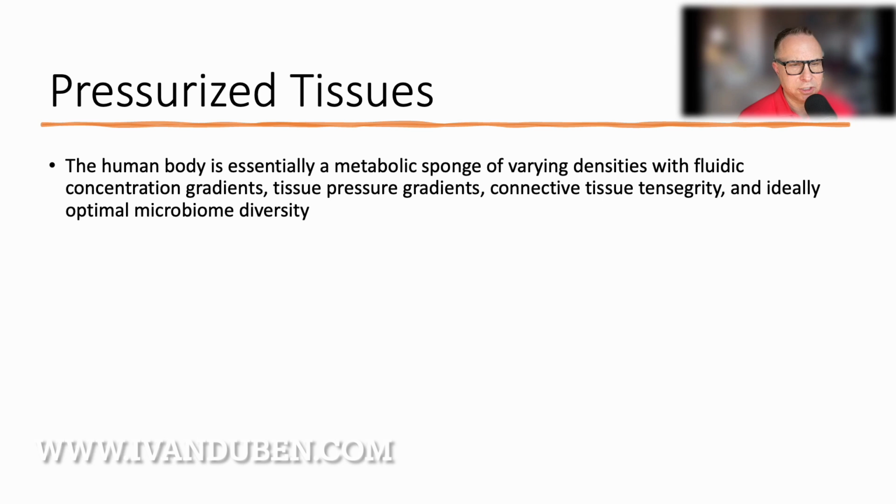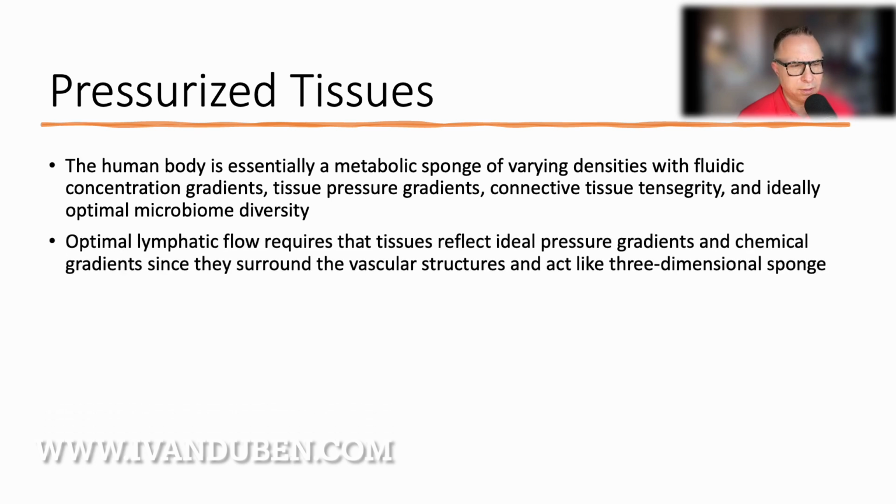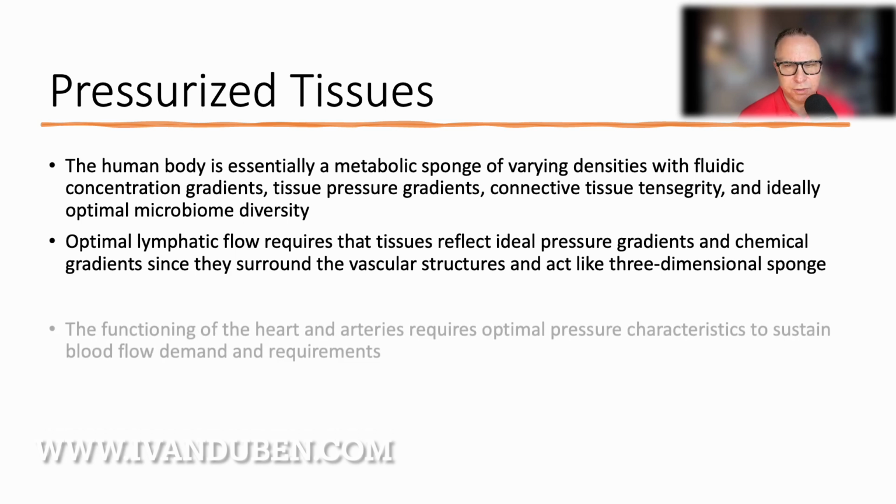The human body is essentially a metabolic sponge of varying densities with fluidic concentration gradients, tissue pressure gradients, connective tissue tensegrity, and ideally optimal microbiome diversity. Optimal lymphatic flow requires that tissues reflect ideal pressure gradients and chemical gradients, since they surround the vascular structures and act like three-dimensional sponges.